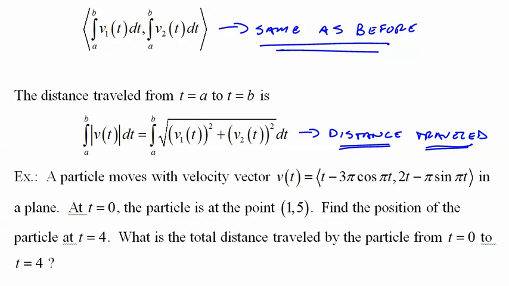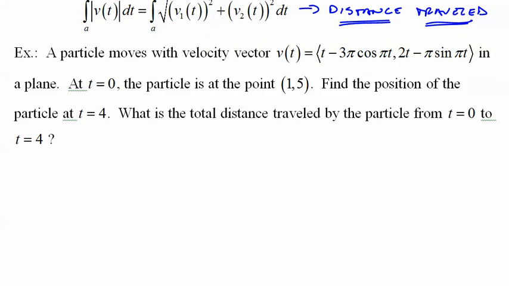So particle moves with velocity vector in a plane, at t equals 0 it is at this point. Find the position at t equals 4. What's the total distance traveled?